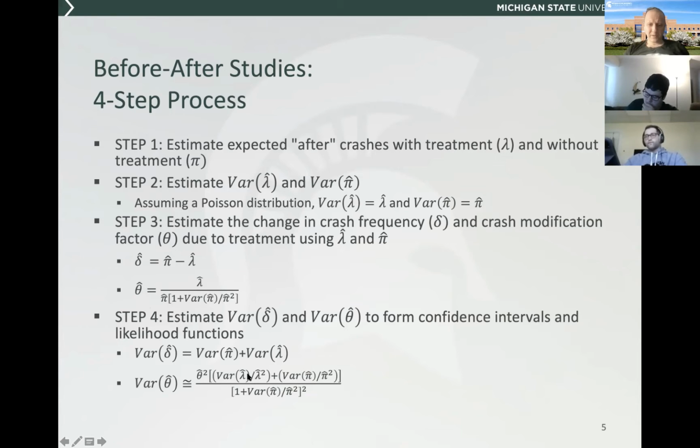And so, based on step 2 up here, this term is just going to reduce to 1 over lambda. This term is just going to reduce to 1 over pi. And then similarly down here, this will be 1 plus 1 over pi, and that quantity squared, okay?